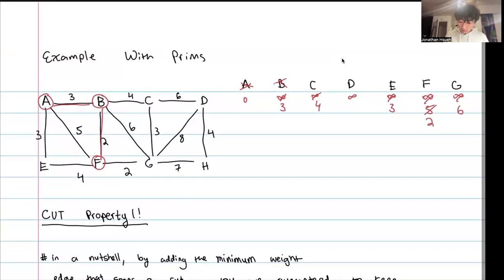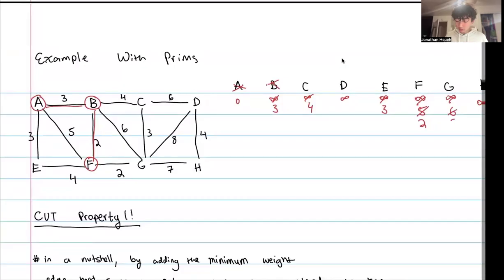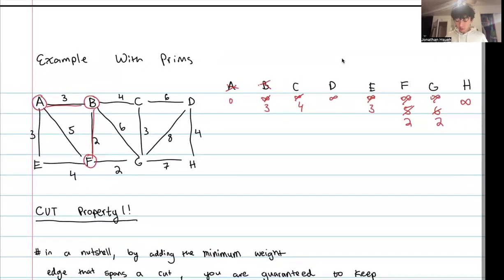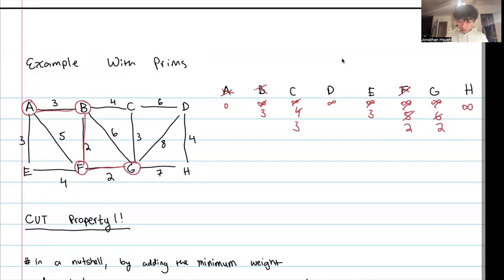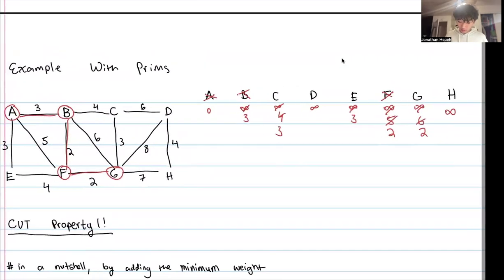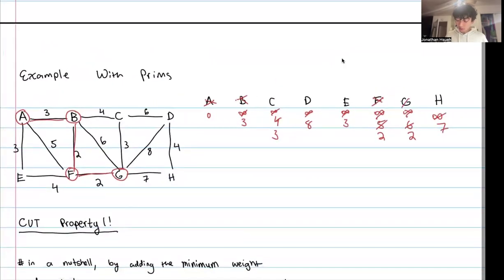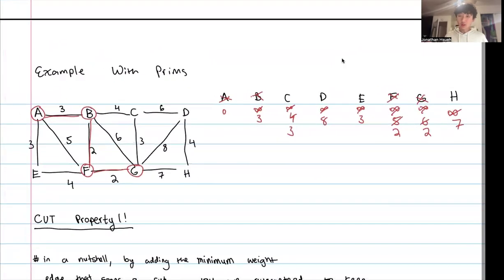Now F has a path to E in 4, and F has a path to G in 2, which is shorter. So now the shortest one, I'm done with F, is going to be G, so we're going to move on to G. Now G has a path to C in 3, which is shorter, a path to D in 8, and a path to H in 7. Now the shortest one, once we're done with G, is actually not going to be any of its neighbors.